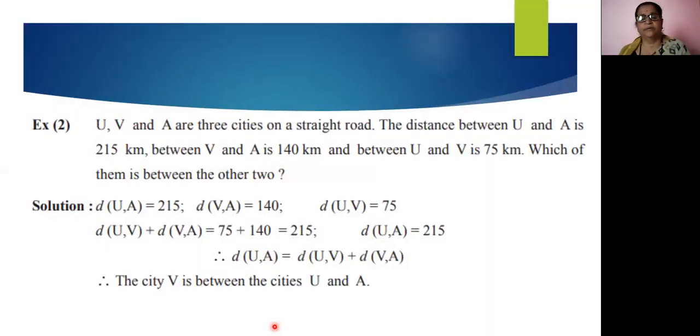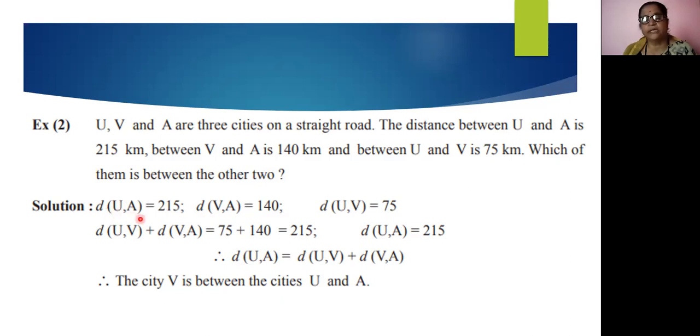Next example. U, V, and A are three cities on a straight road. The distance between U and A is 215 kilometers, between V and A is 140 kilometers, and between U and V is 75 kilometers. Which of them is in between the other two?